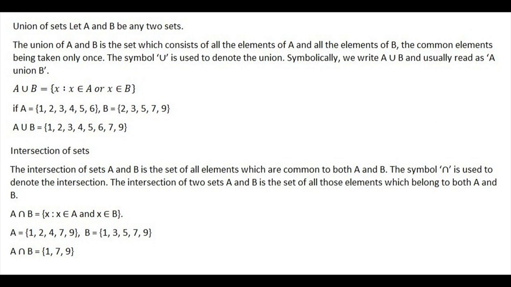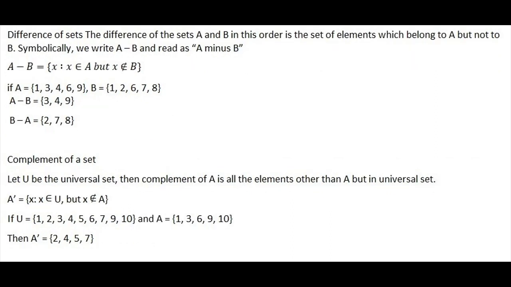Then A union B will be {1, 2, 3, 4, 5, 6, 7, 9}. Intersection: what's common between A and B? Something which belongs to A as well as B. Suppose A is {1, 2, 4, 7, 9}, B is {1, 3, 5, 7, 9}. Then 1, 7, 9 is common between both A and B. So A intersection B is {1, 7, 9}.